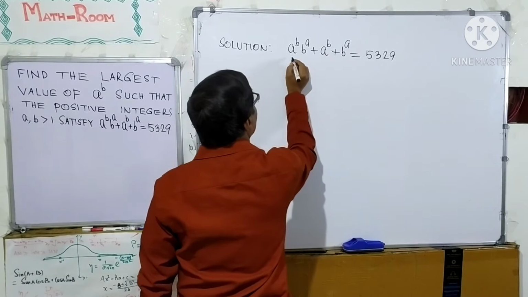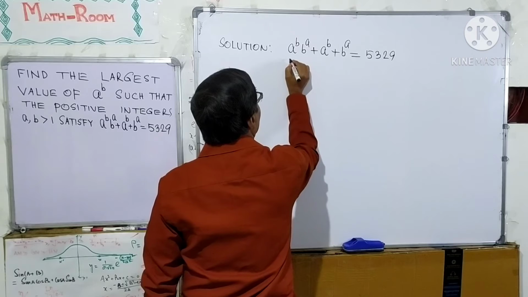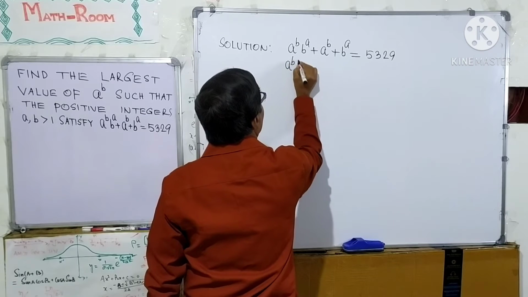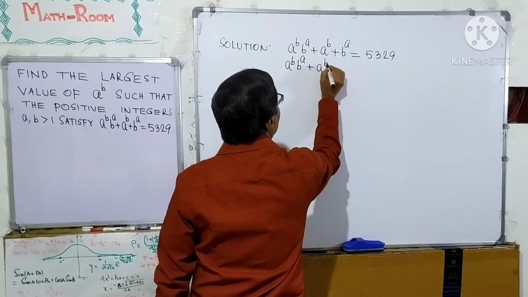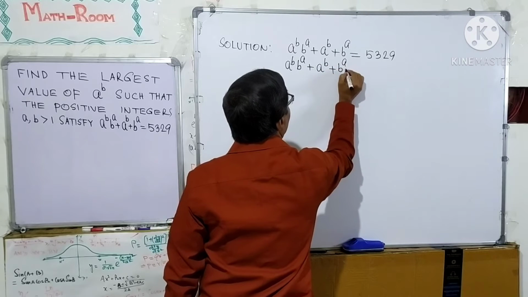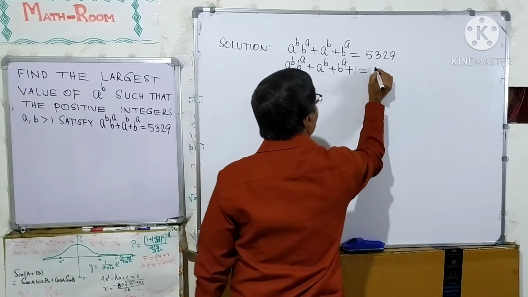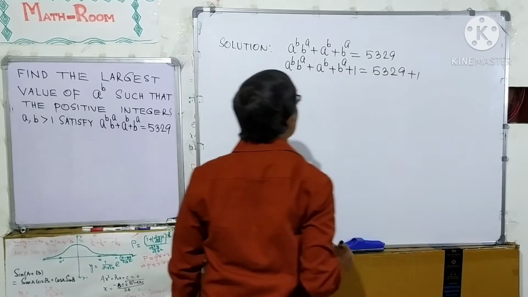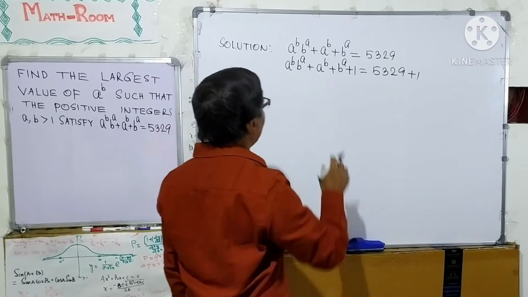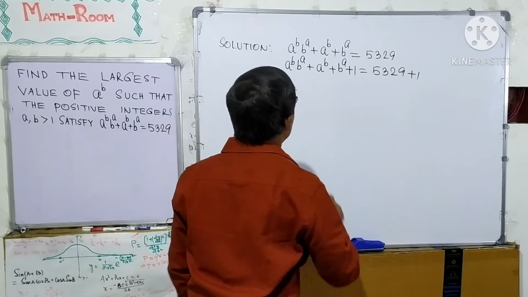Now we can also write this as a to the power b to the power a plus a to the power b plus b to the power a plus 1 equal to 5329 plus 1. Also we can factorize the left hand side.